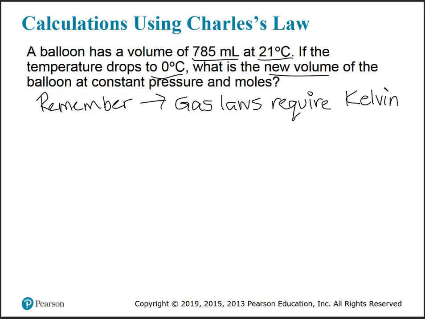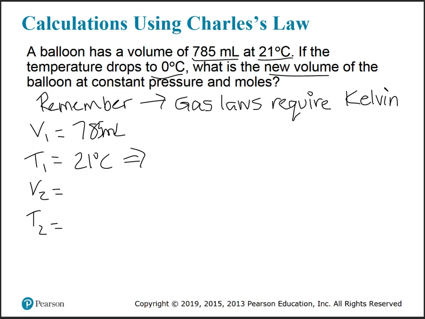The very first thing that I do is I write out my variables. What do I have? And what am I solving for? We have our initial conditions where the volume is 785 milliliters at 21 degrees Celsius. We have to convert that to Kelvin.